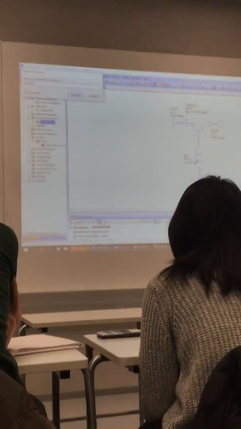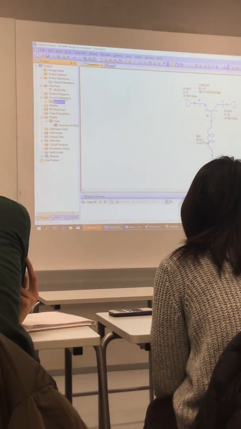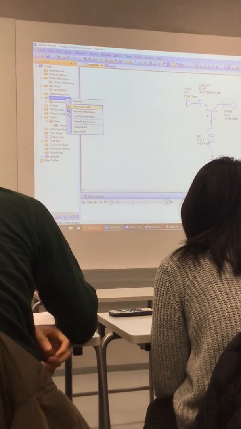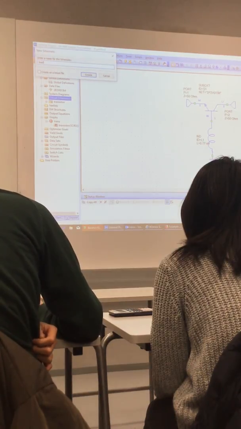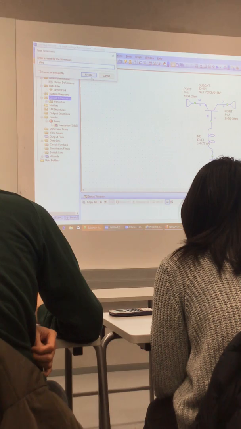Transistor is one schematic, and then I'll add another schematic, a new schematic, that is called load, or I'll call it just Z-freg. Create.